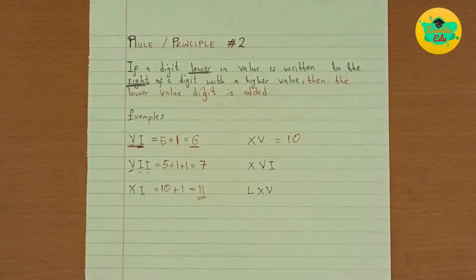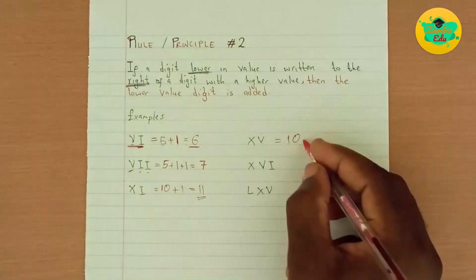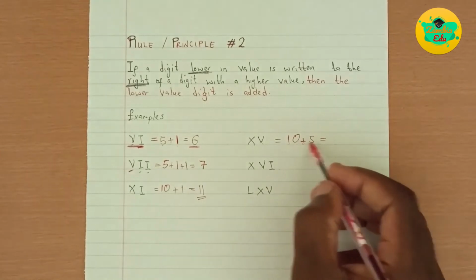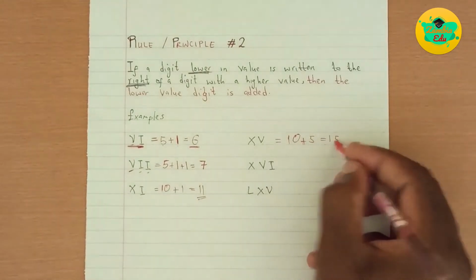So you have the higher value coming first, and then on the right of the digit with the higher value, we see a digit with a smaller value, which is a 5. So because the smaller value is on the right, it makes us add. So when you say 10 plus 5, it gives us a 15.